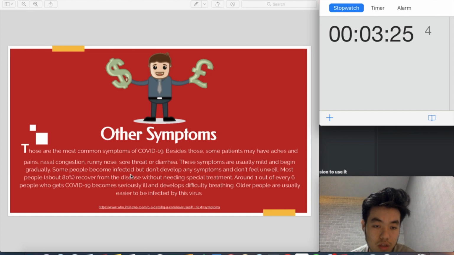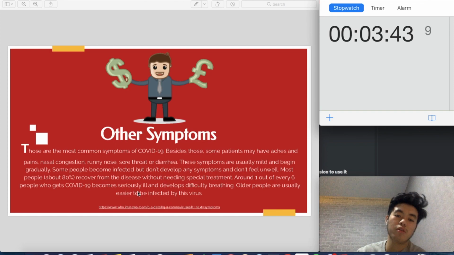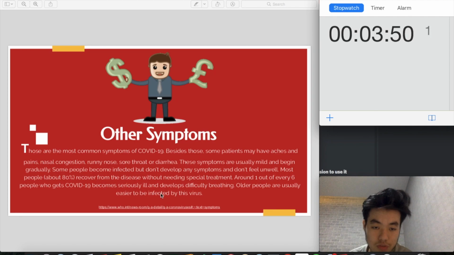Some people become infected but don't develop any symptoms and don't feel unwell. Most people, about 80%, recover from the disease without needing special treatment. Around one out of every 6 people who gets COVID-19 becomes seriously ill and develops difficulty breathing. Older people are usually more easily infected by this virus.